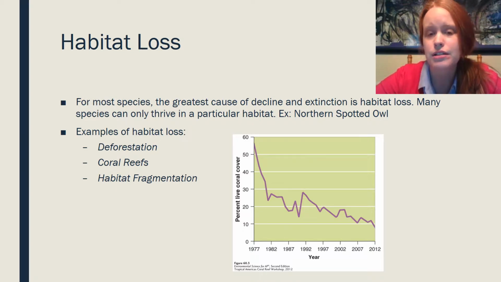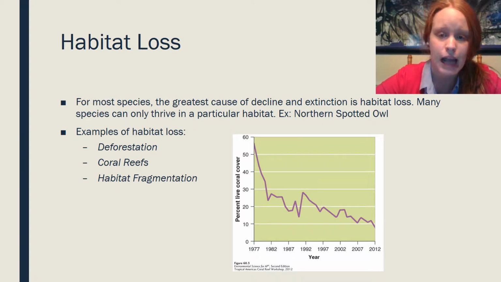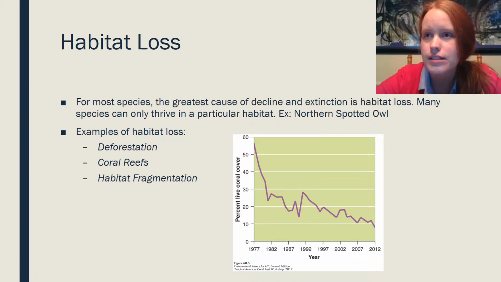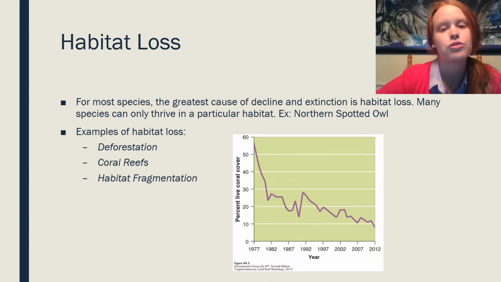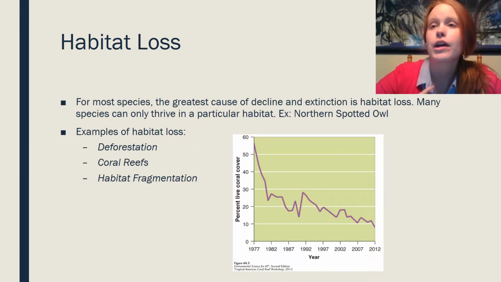And so one particular example of this is the northern spotted owl. The northern spotted owl used to be very abundant. It lives in what we call old growth forests, which is like the redwood trees in California. These are trees that are hundreds of years old. And the owl would live in these trees, but those trees are also awesome for cutting down and using to build stuff out of.